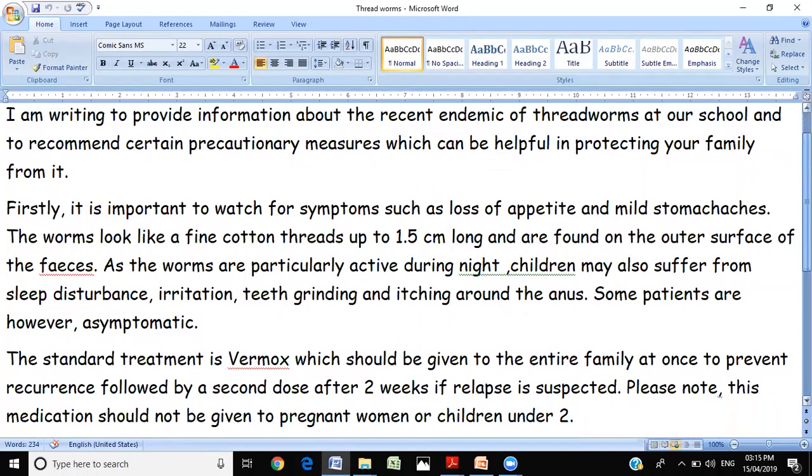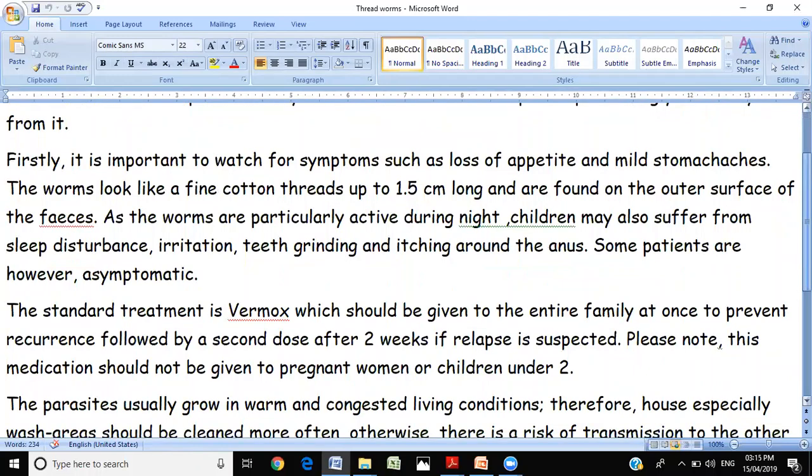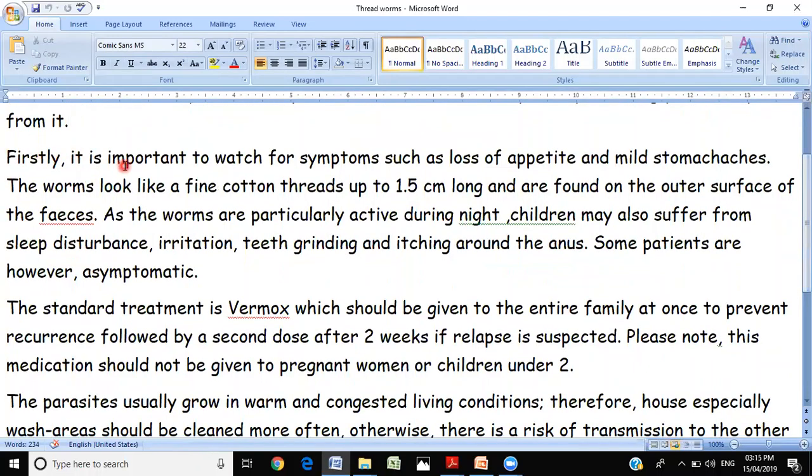So first they need to identify, right? "Firstly, it is important to watch for symptoms such as loss of appetite and mild stomach aches. The worms look like fine cotton threads up to 1.5 centimeters long and are found on the outer surface of feces." As I told you, the more common tense we are going to use is the simple present passive voice.